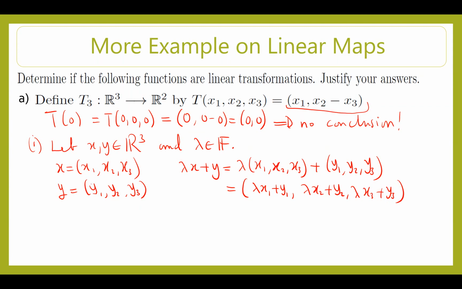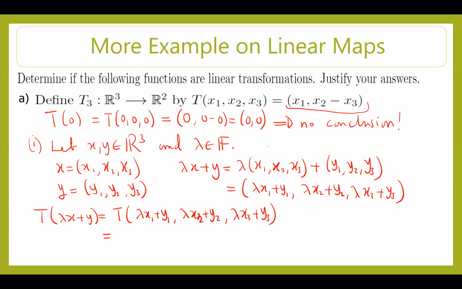So it makes sense now to say I want to apply T to lambda x plus y, which is T of lambda x1 plus y1, comma lambda x2 plus y2, comma lambda x3 plus y3.